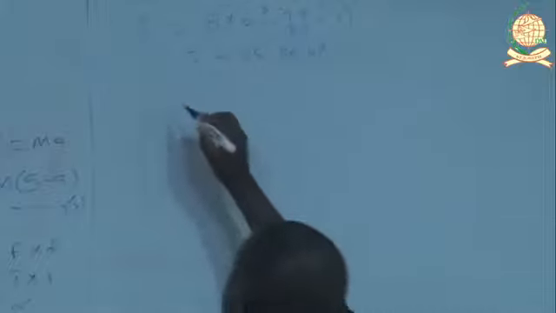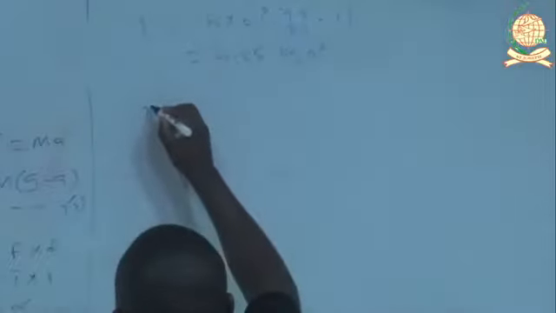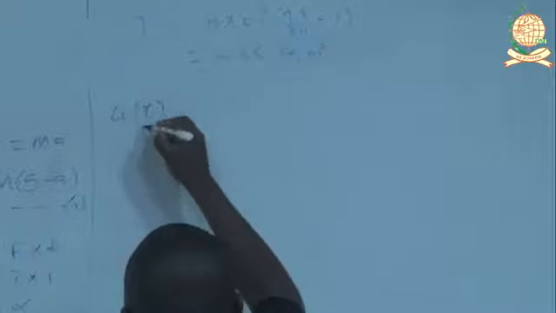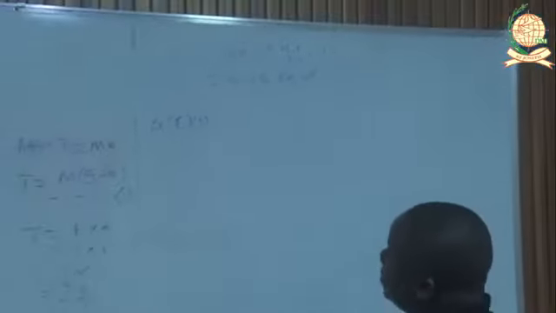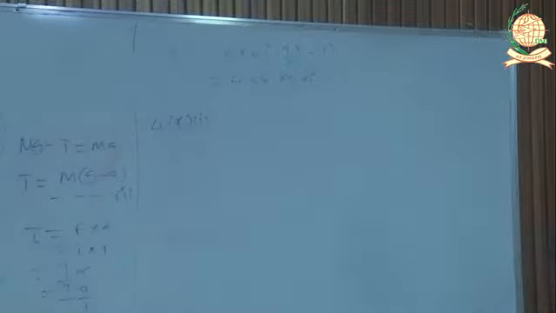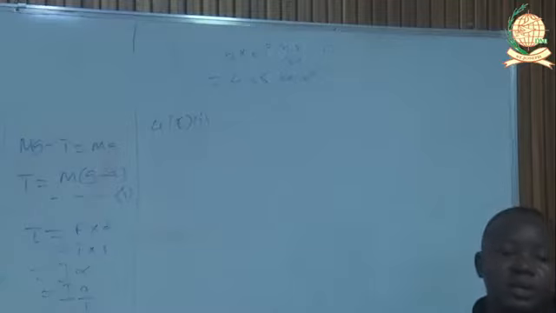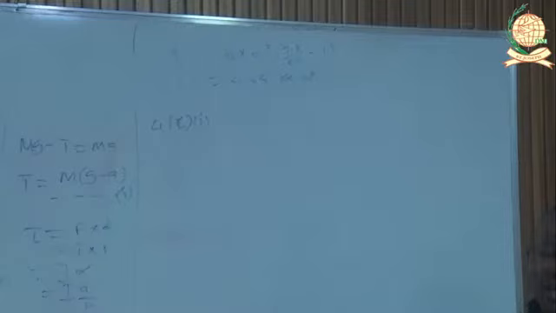Part C, Roman 1. Action and reaction forces are equal and opposite. Explain why they don't cancel each other. Yes, it's true that the action and the reaction are equal in magnitude, but they act in opposite directions. But these two forces don't cancel out because they are acting on different bodies.